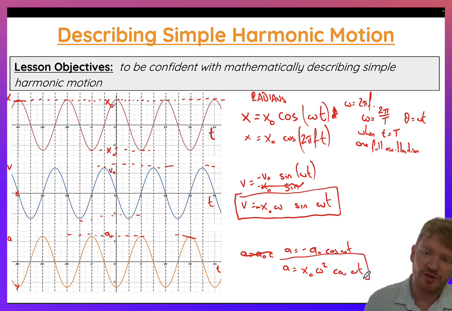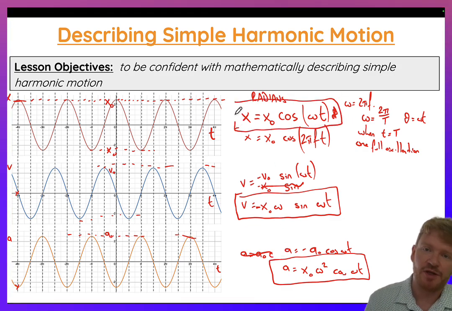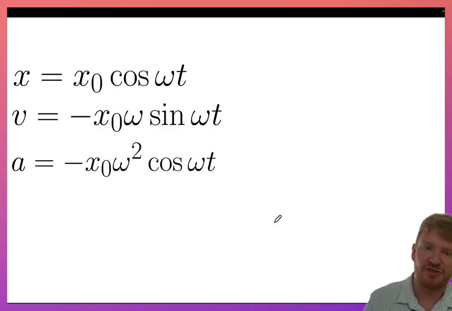And once more, this is the most common form of the equation. So these three are used to describe mathematically how something is moving in terms of displacement, velocity, and acceleration. And there we have those summarized at the side.